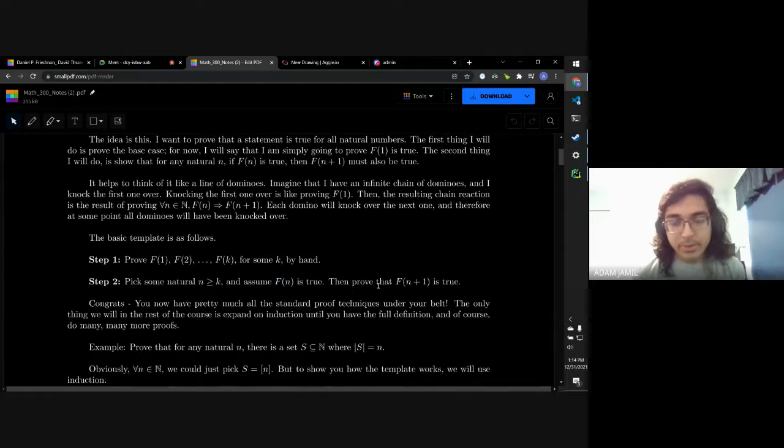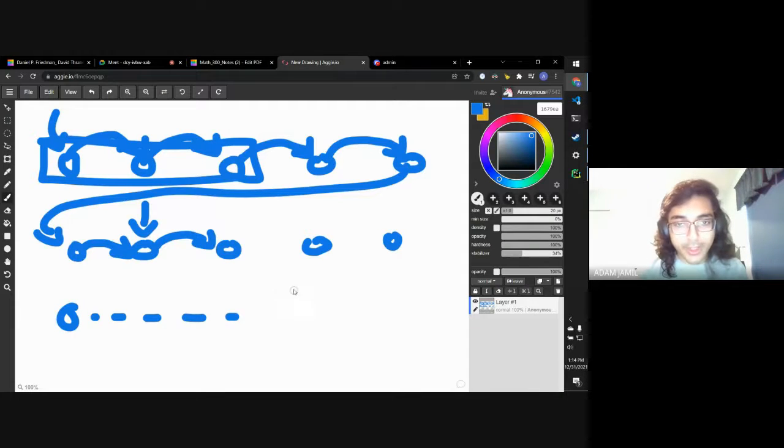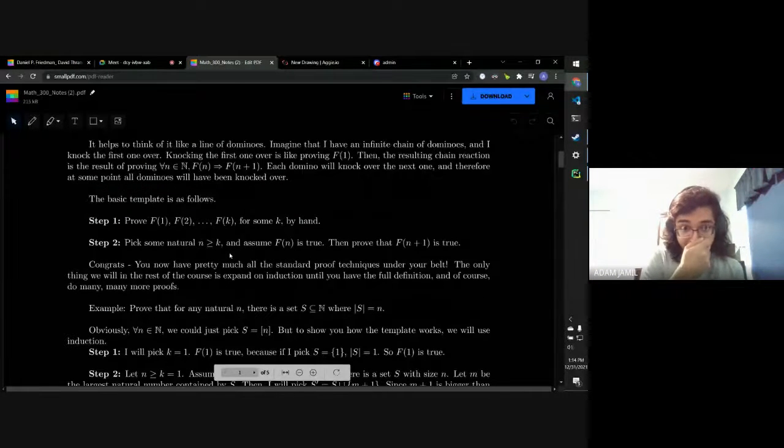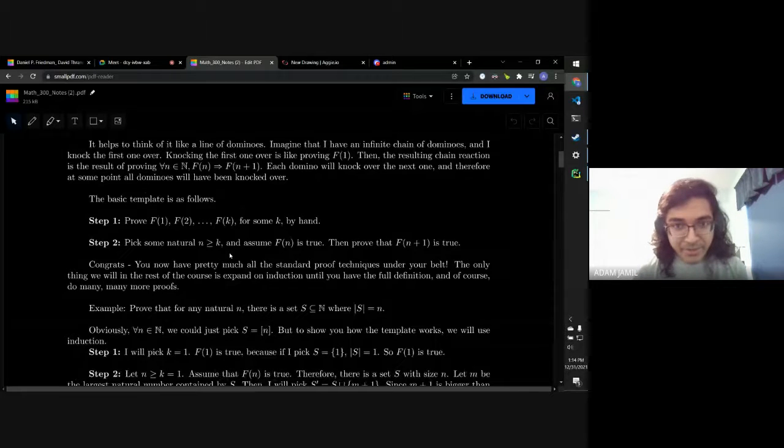Then we'll show that f of n plus 1 must follow. So we showed that f of n implies f of n plus 1 as long as n is big enough. That's the same thing here: we showed that for any domino out here, it must knock over the next one. Okay, and now you know what induction is, and you know basically all the standard proof techniques.